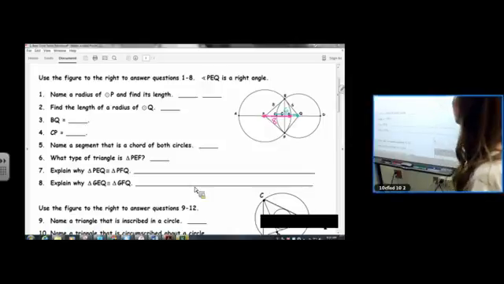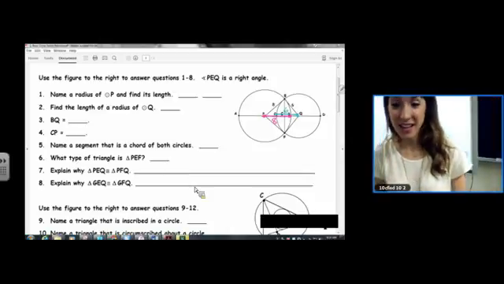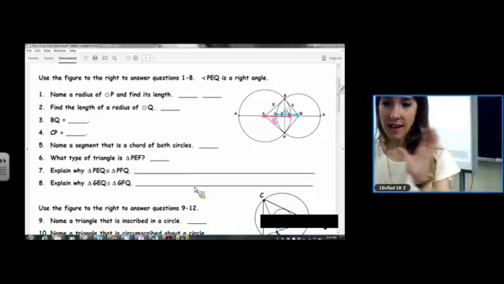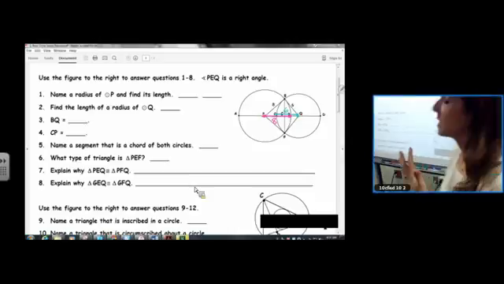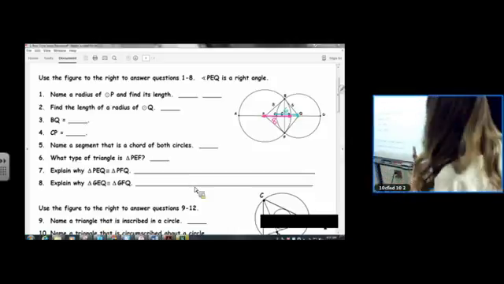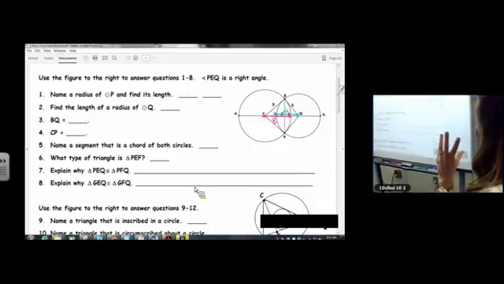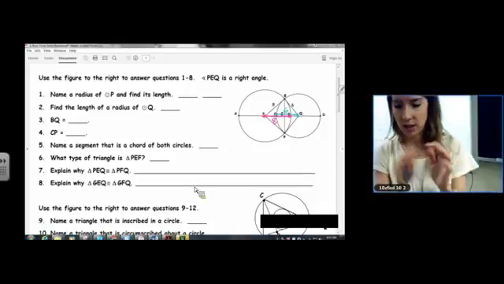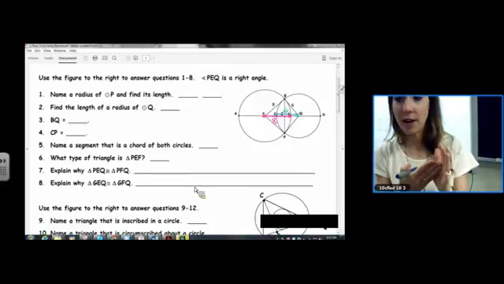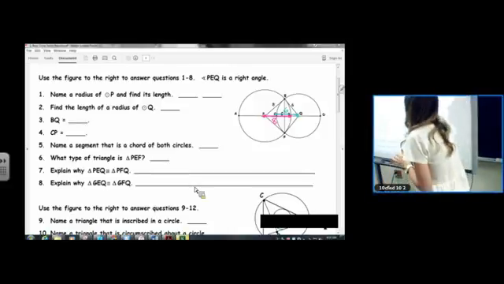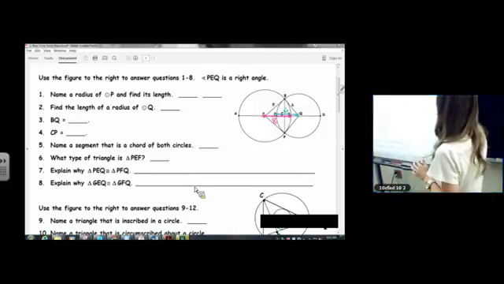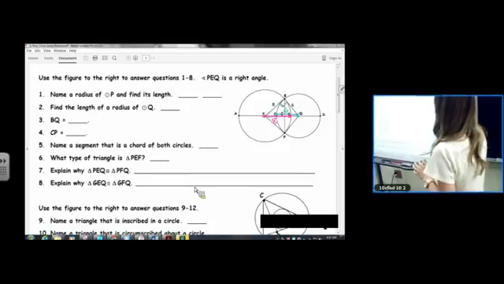And we have some overlapping segments here, right? So to get that first one, to get VQ, we can just do a subtraction. We can just subtract those. 8 minus 6. Well, let me get back. Actually, we're going to do Pythagorean theorem, right? Because PEQ is a right angle. So we have this triangle right here.